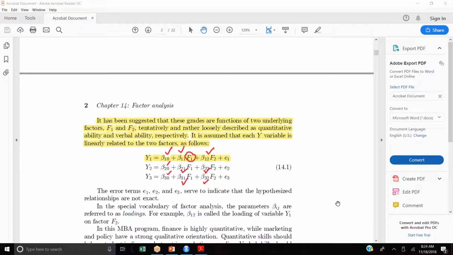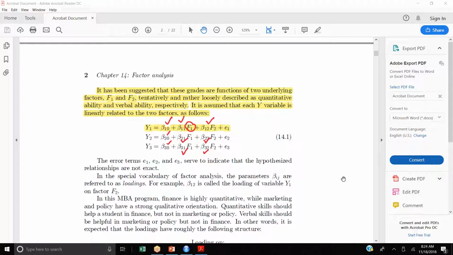What we are saying is that the original scores are measured with error, epsilon 1, epsilon 2, epsilon 3, having a linear relationship with the hidden dimensions. These are called latent dimensions. That's why factor analysis is also called latent variable analysis. So far, so good?